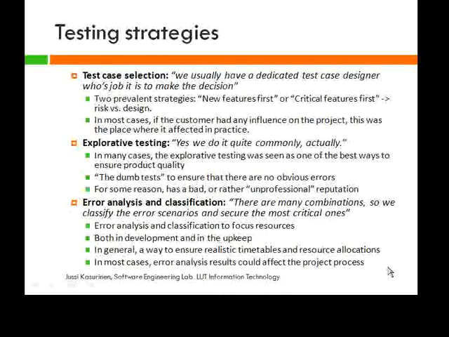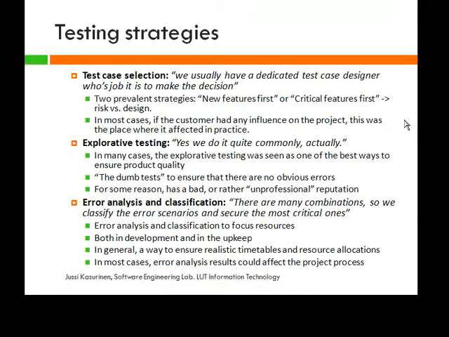It's on testing strategies, how the organizations actually approach testing. The most interesting part was that there are two prevalent strategies: new features first and critical features first. Basically, test case selection and prioritization is risk versus design.